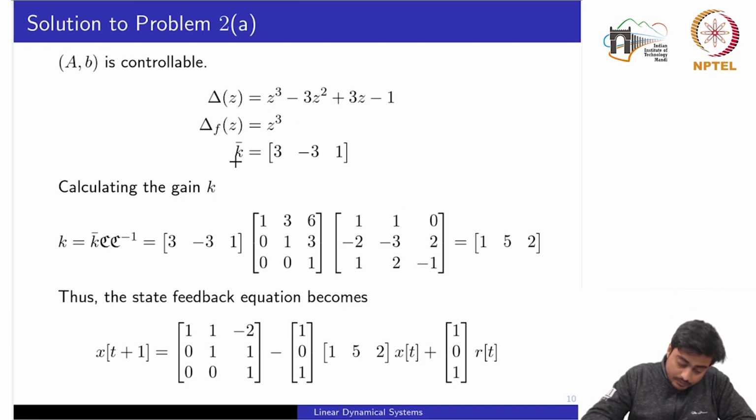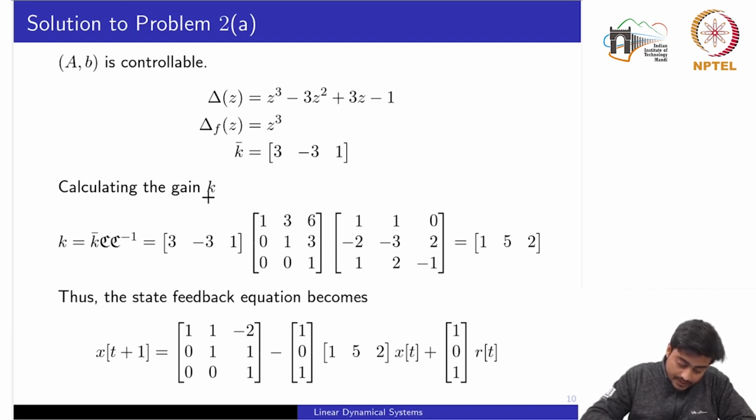So first we compute the k bar, which is computed by the differences of the coefficients of z having the same powers. Since all these desired coefficients are 0, this k bar can be formed directly from the coefficients of the characteristic polynomial of the plant.